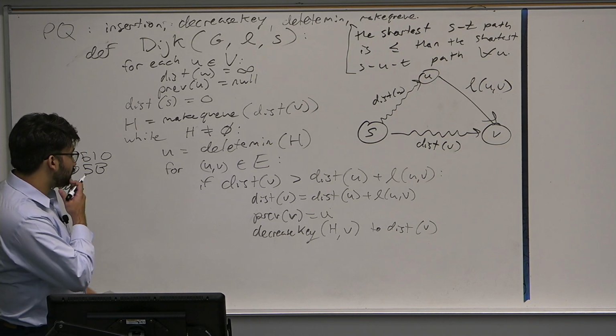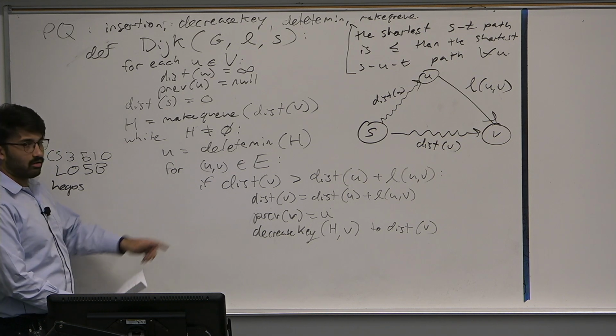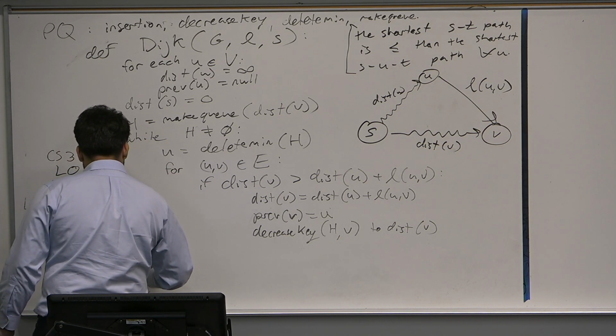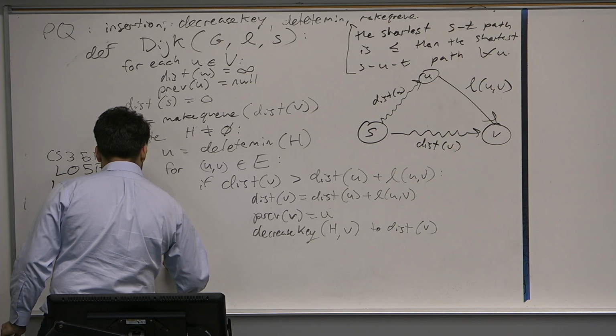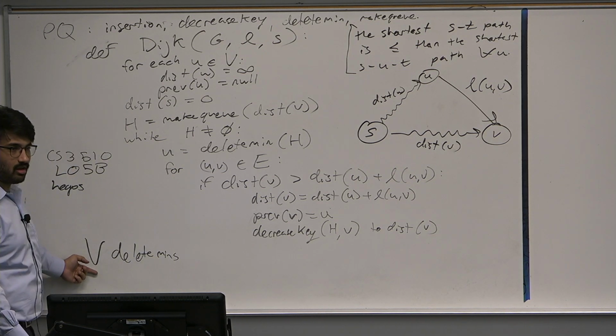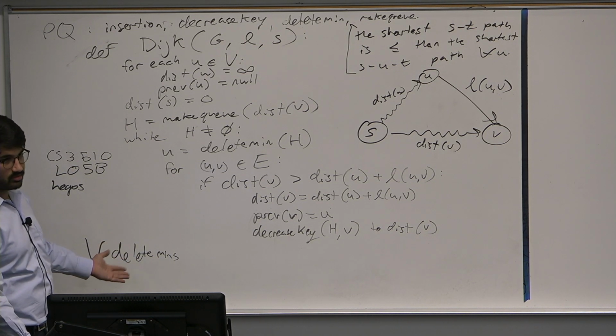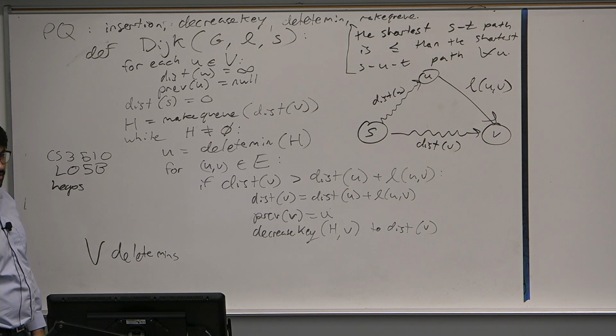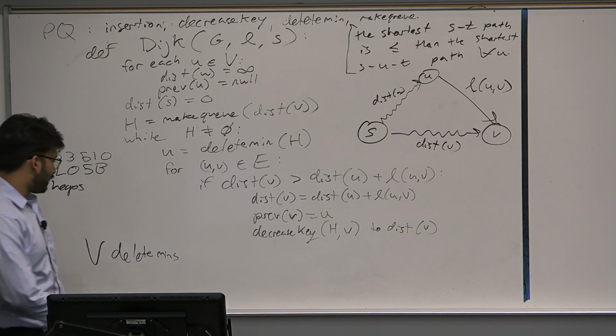So how many times is delete min called? Yeah, we have V delete mins. Let V be the number of vertices, capital V. It's also the set of vertices, but whatever. How many times is decrease key called? Up to E times.